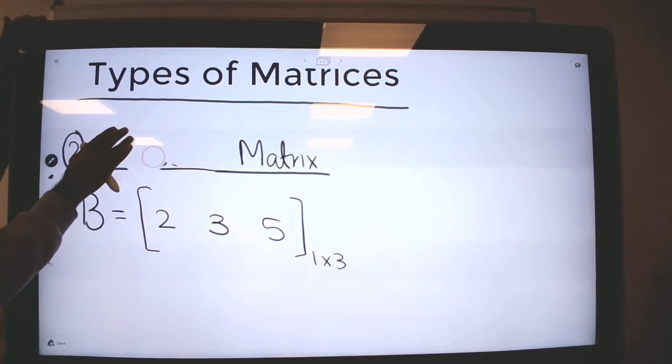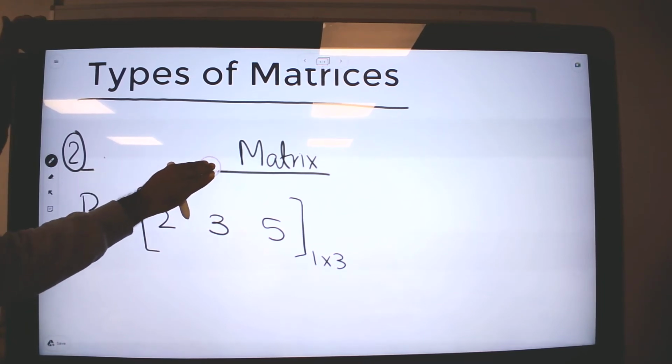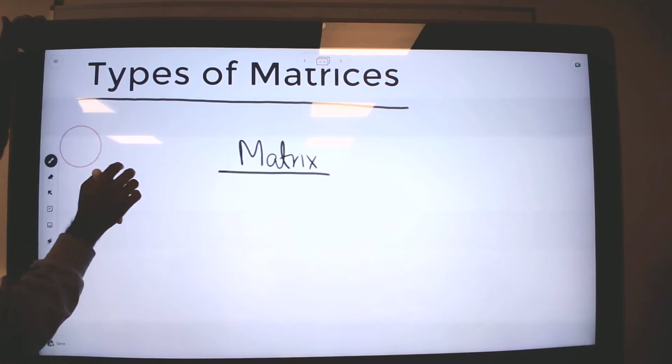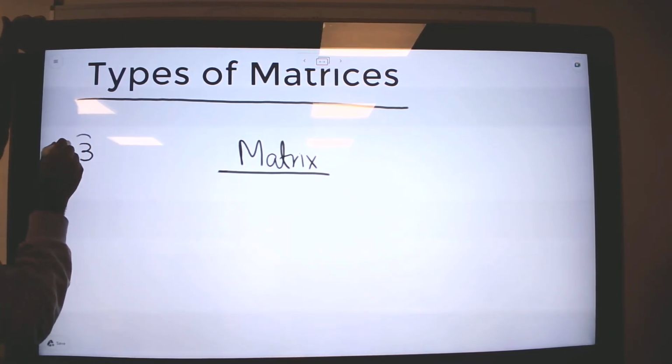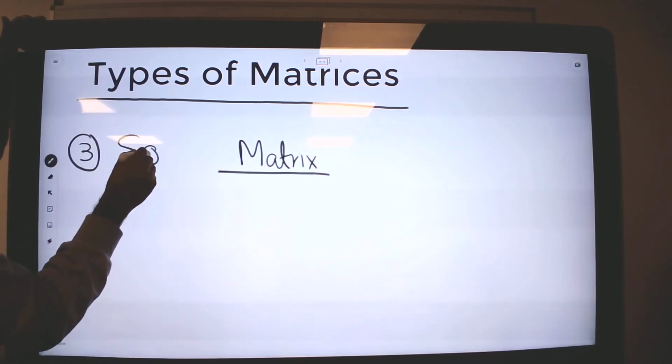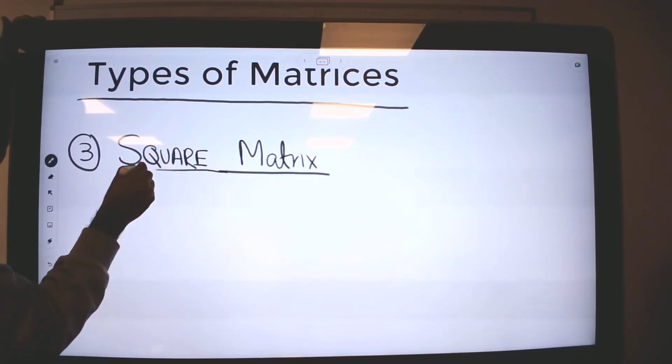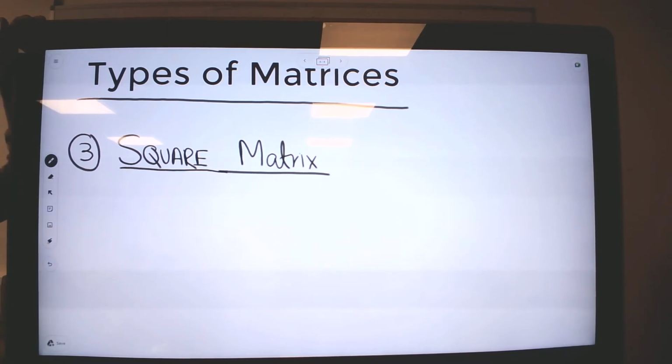Okay, now square matrix. Square matrix is a matrix which has the same number of rows and the same number of columns. If the number of rows is equal to the number of columns, it is known as square matrix.